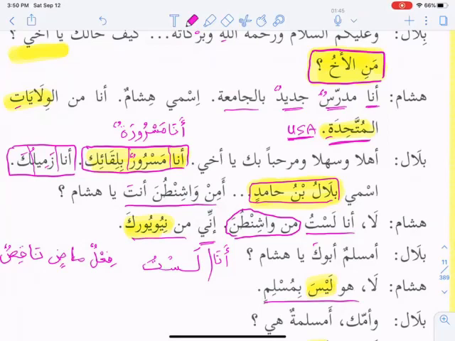Now we are at 407. Anta lasta, antuma lastuma, antum lastum, anti lasti, antuma lastuma, antunna lastunna, ana lastu, nahnu lasna.